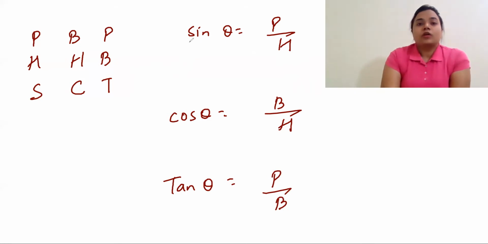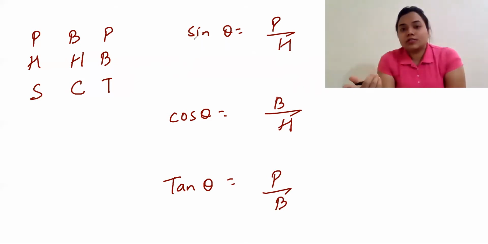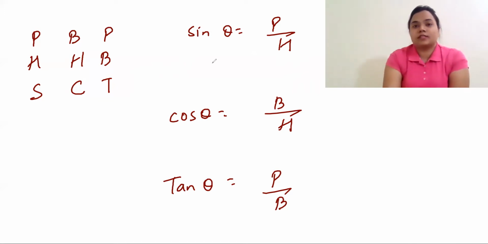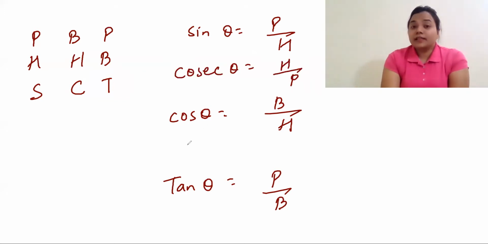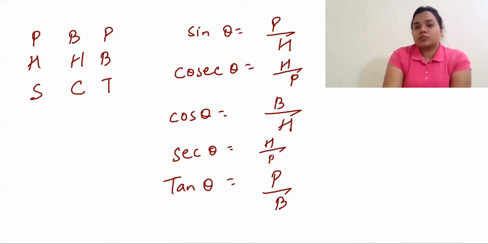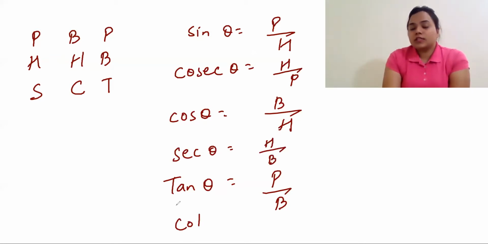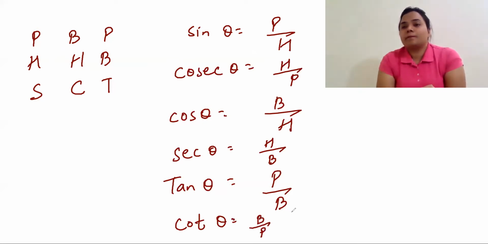Now, cosec theta is the reciprocal of sine theta, so this will become H by P. Sec theta is the reciprocal of cos theta, it is H by B. And cot theta is the reciprocal of tan theta, so it is B by P.